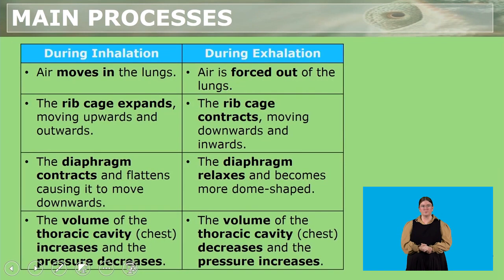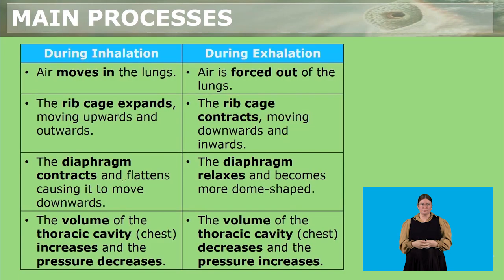In front of us, we now have a table to compare what happens during inhalation and what happens during exhalation. So during inhalation, when air moves into the lungs, the rib cage expands. You can try doing that at home. Just take a deep breath of air in and see what happens to your lungs as you have air moving into your lungs.